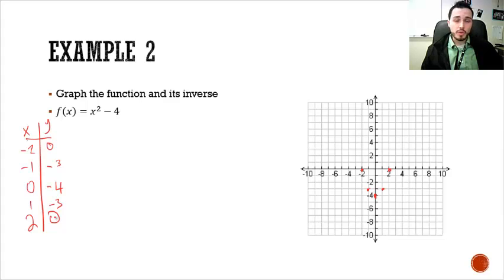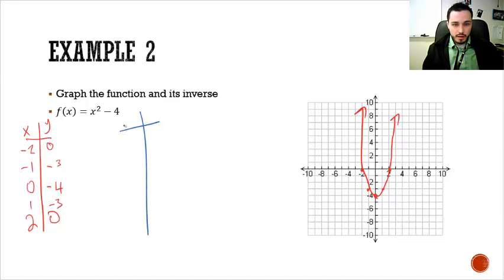So anyway, however you do it, either using your calculator or by hand calculations, come up with your table, and then graph that, then swap the x's and y's. So we do that, then I'm going to have 0, -2, 3, -1, -4, 0, -3, 1, and 0, 2.